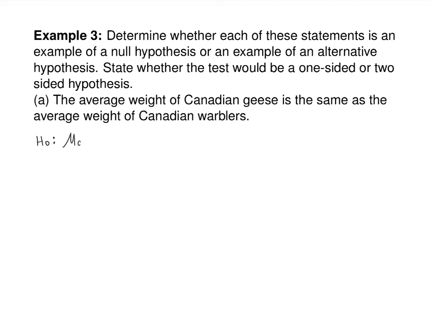So mean weight for geese equals mean weight for warblers. So this is a null hypothesis. And as this doesn't have a direction specified, this is going to be a two-sided hypothesis test.